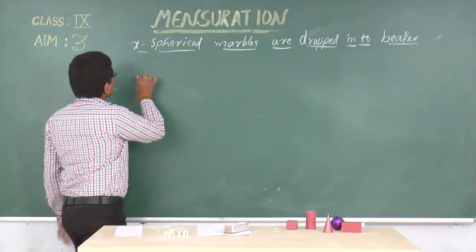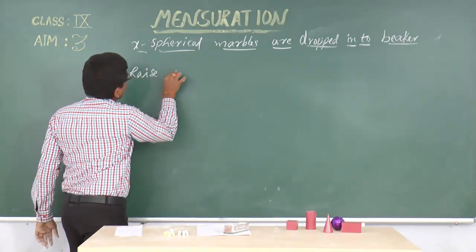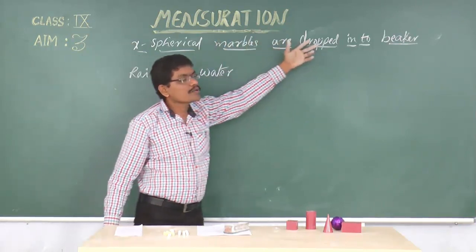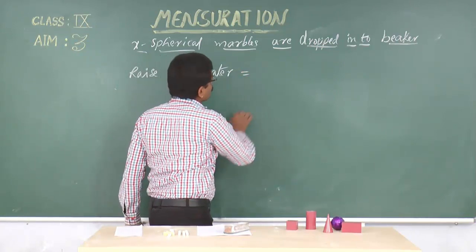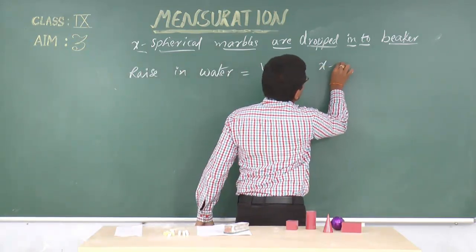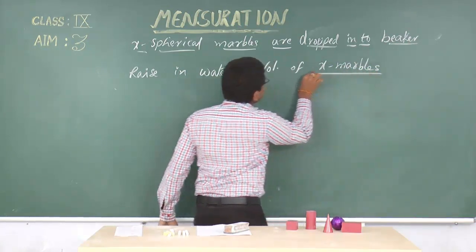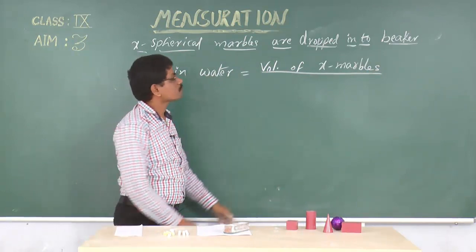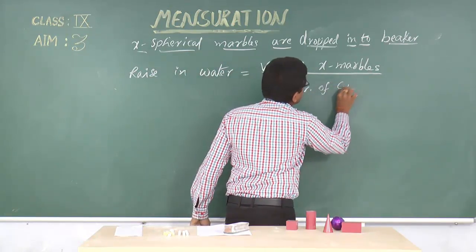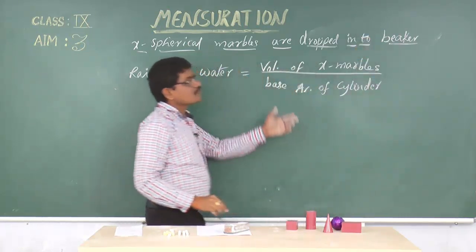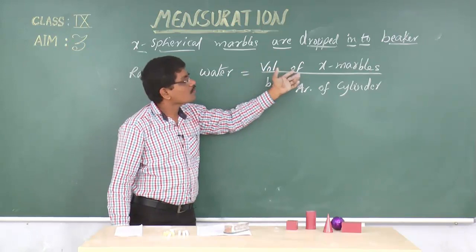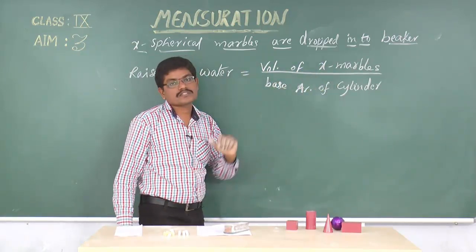Then the rise in water level is equal to the volume of X marbles by the base area of the cylinder. So if X number of spherical marbles are dropped into a beaker, then the rise in water level is equal to the volume of X marbles by the base area of the cylinder. This is one of the points.